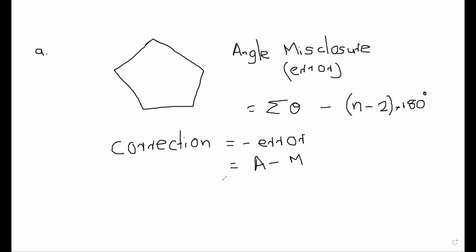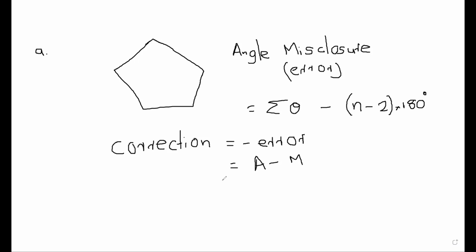So we know always correction and the error are the plus and minus of the same quantity. Now you can find out the correction either with this equation, or you take the negative of the error.